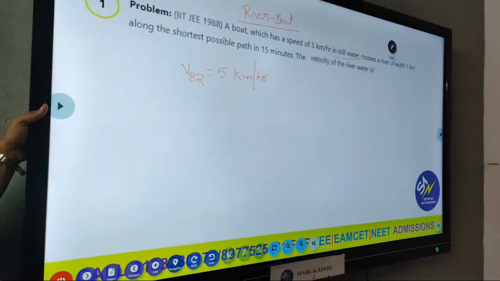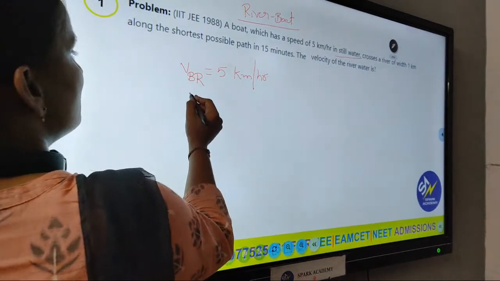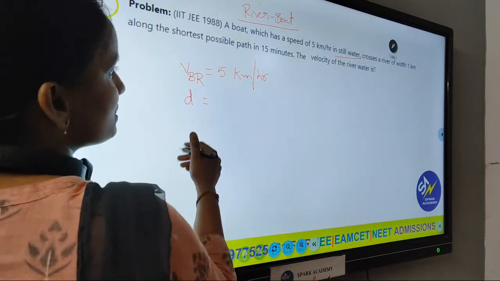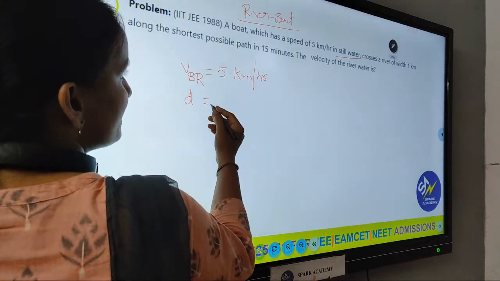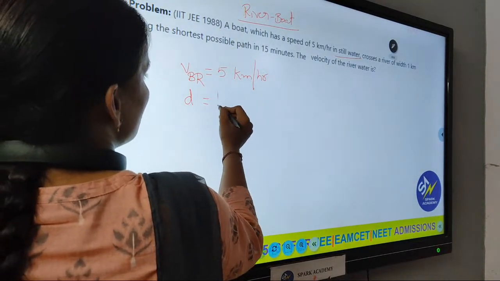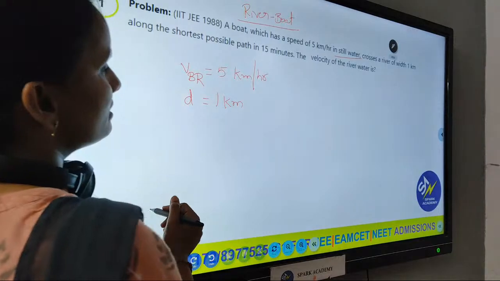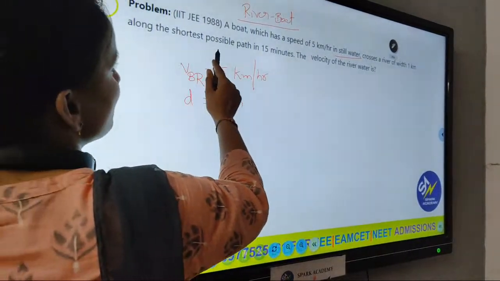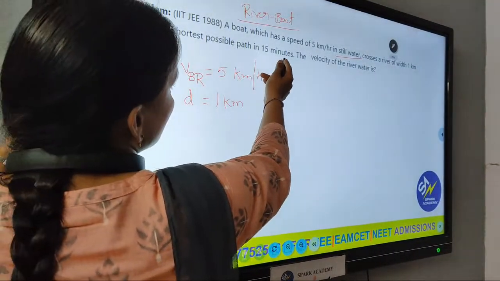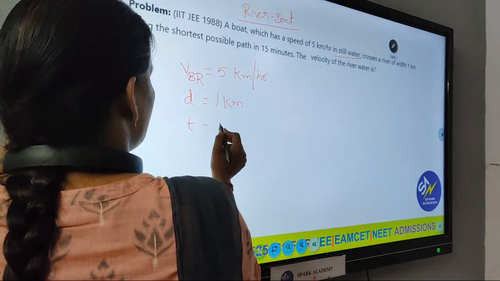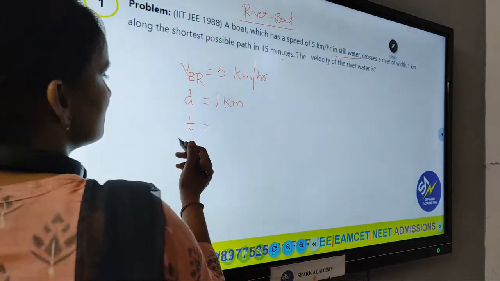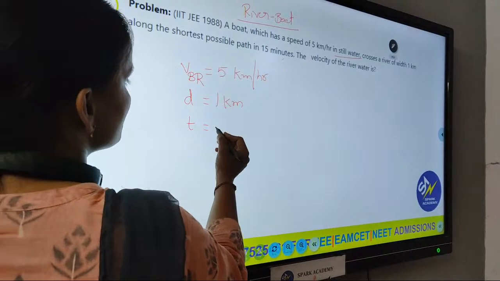It crosses a river of width 1 km. River width means the distance between the banks of the river, which is given as 1 km. Along the shortest possible path in 15 minutes. So it is the shortest distance case, the third case of our concept.